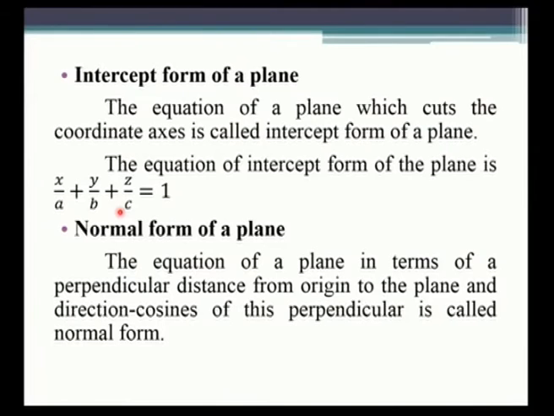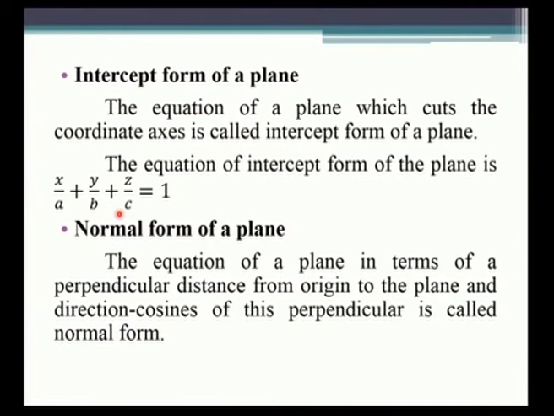Next thing is the normal form of a plane. Here in the normal form of a plane, the perpendicular distance from the origin to the plane and the direction cosines of this perpendicular are used.